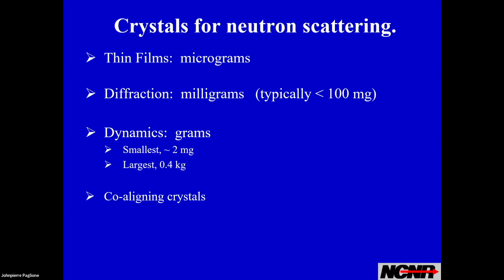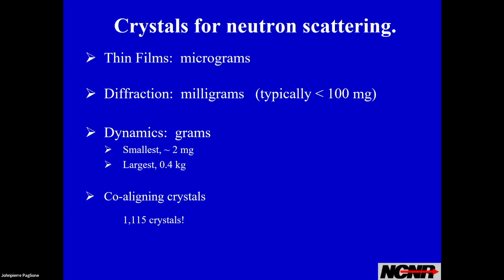Co-aligning crystals, the Guinness World Record, for me, is 1,115 crystals. And this was one of the spin liquid things with Young Lee, and the graduate student at that time was Rebecca Smaha.